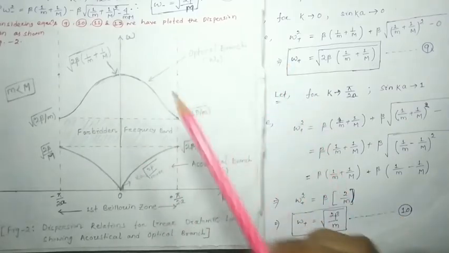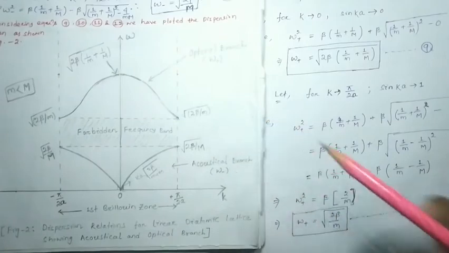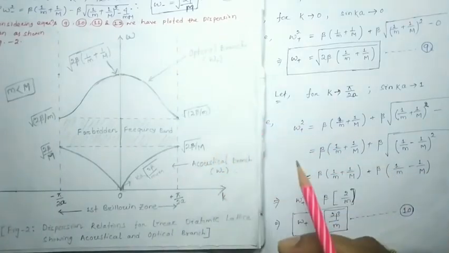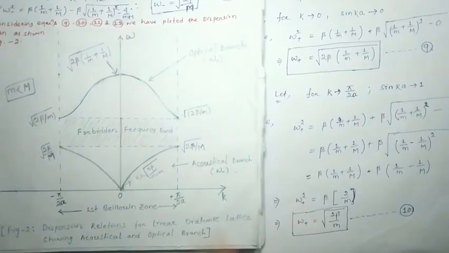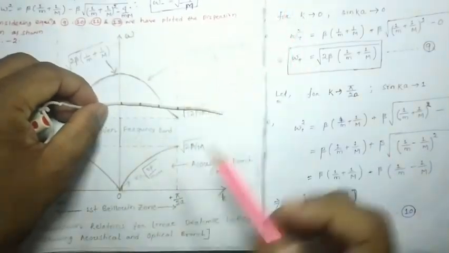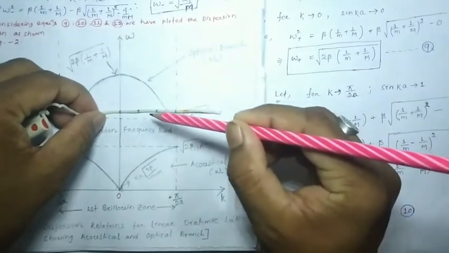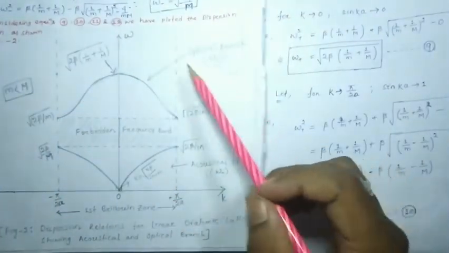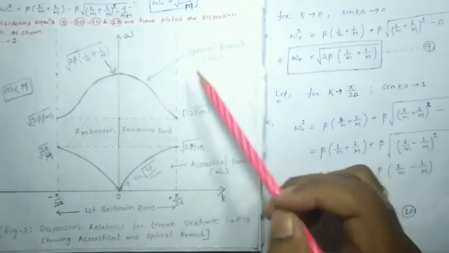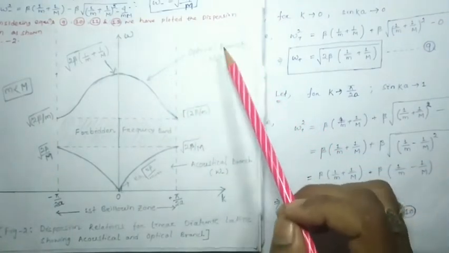And when an optical frequency light wave, suppose laser light, is incident on this diatomic chain, the vibration will be in the optical frequency range, and that mode of vibration is called the optical mode of vibration.